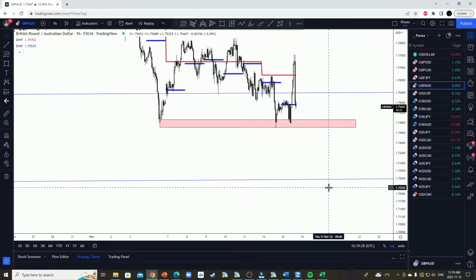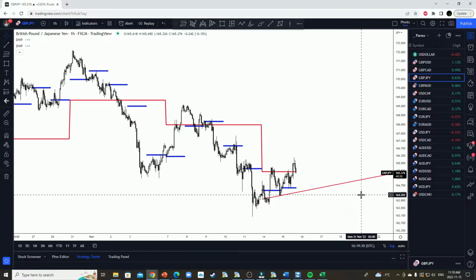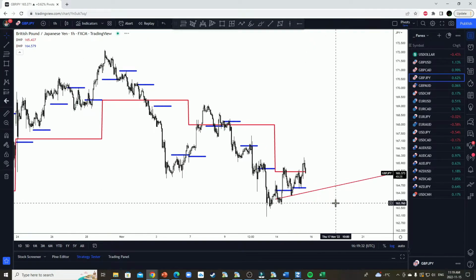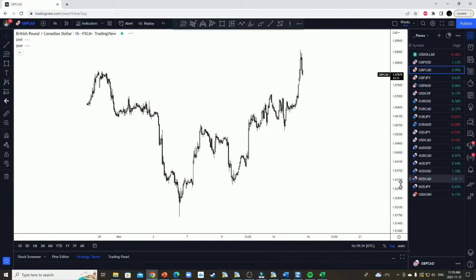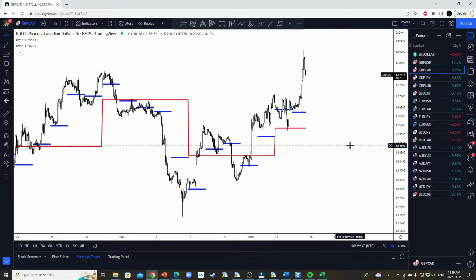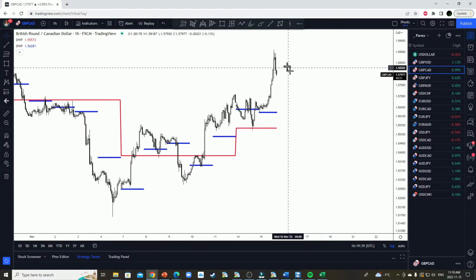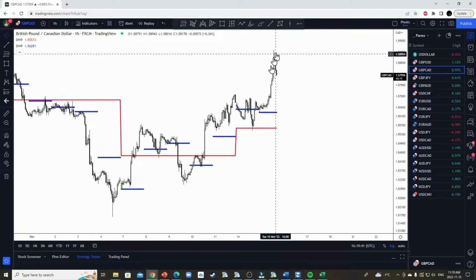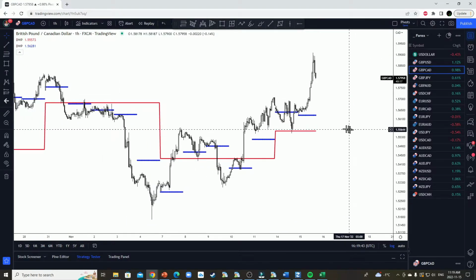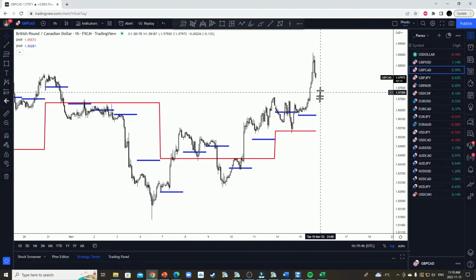So right now, I think I made a mistake. If I look at the pound yen, it's retraced as well, and the pound Canadian as well. So this is expected whenever you have a big exponential move like this. It's normal to have some type of retracement.